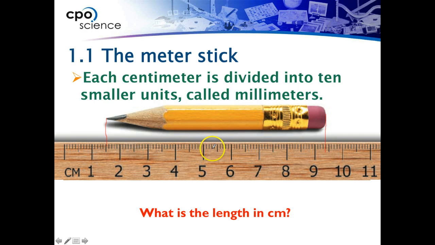That's 3, 4, 5, 6, 7. Okay, and then I'm going to get it at 7, but it's not quite 8. We'll get 7 point. And how many millimeter lines did it take? 1, 2, 3, 4, 5, 6, 7, 8.